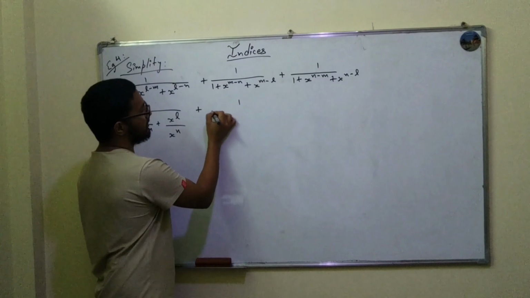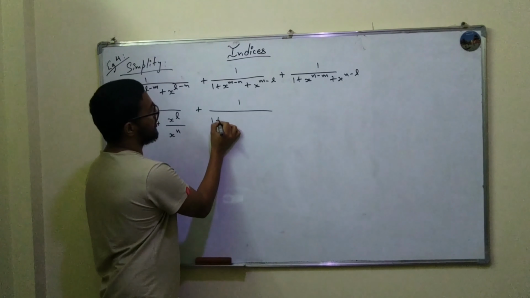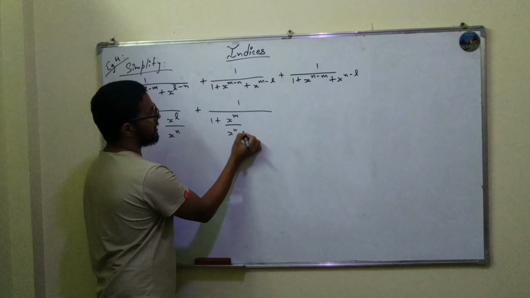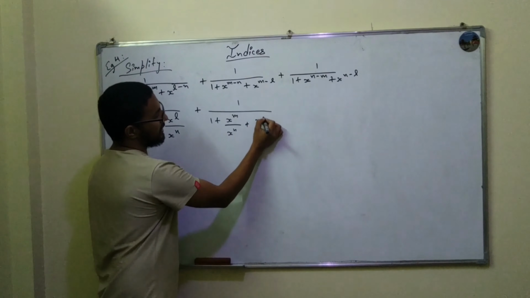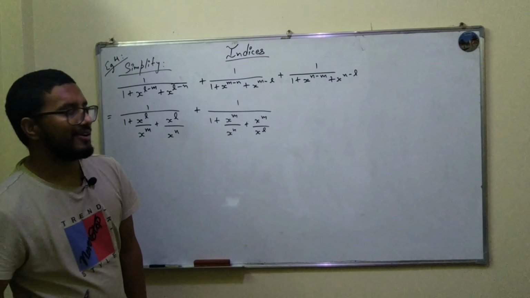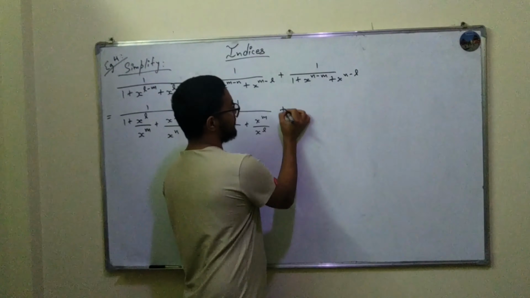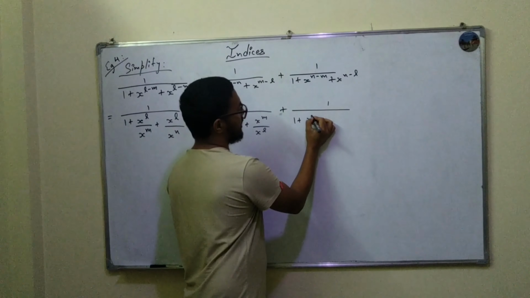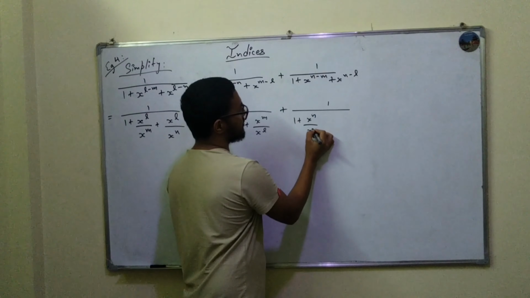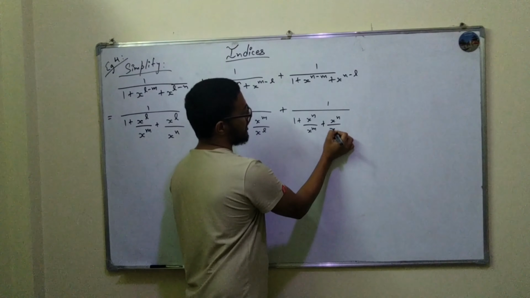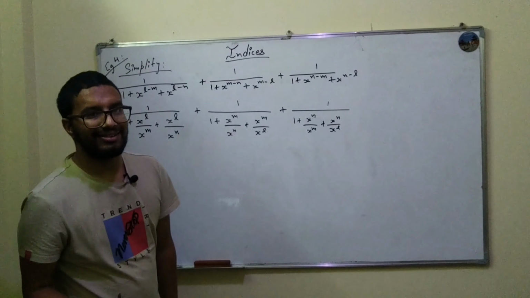Similarly, in this case as well, 1 plus x to the power m, x to the power n plus x to the power n, x to the power l, right?